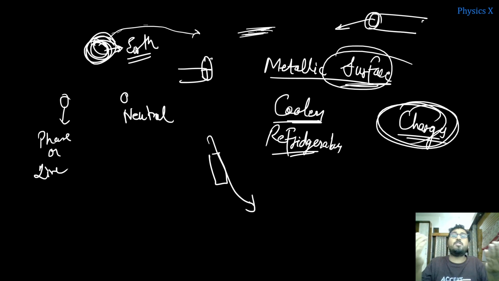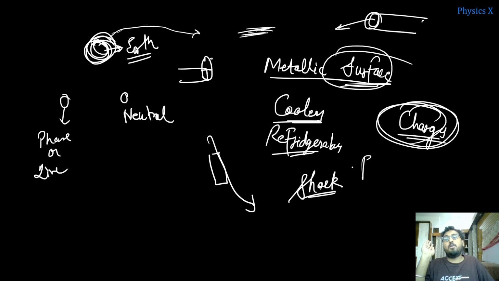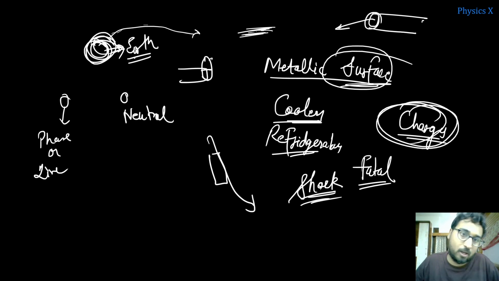So these charges won't flow through you. That is, the current won't flow through you, and you will be protected from the electric shock, which can be fatal also. It can sometimes take your life also, and that is why earthing allows these charges to flow through the ground safely. So that is how you get protected.